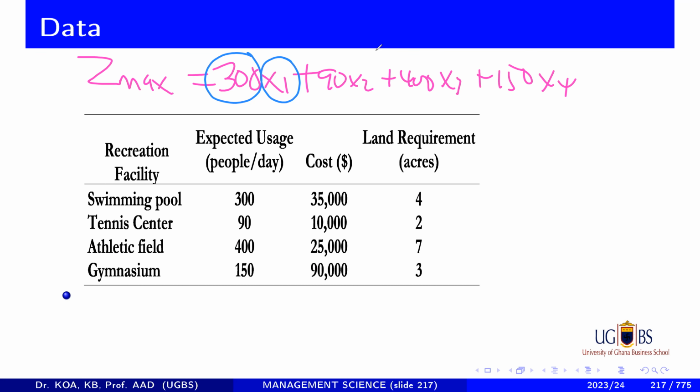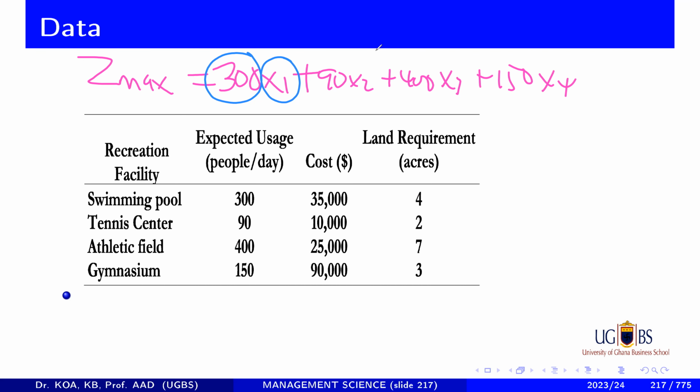Sorry? No, I'm getting feedback. Okay, repeat what you said. Okay. I'm saying the difference between the 300 and X1 is, 300 is the frequency, that's the expected usage per day. And then the X1 is whether to construct the pool or not.